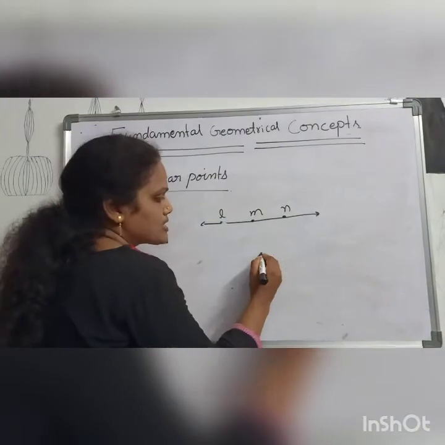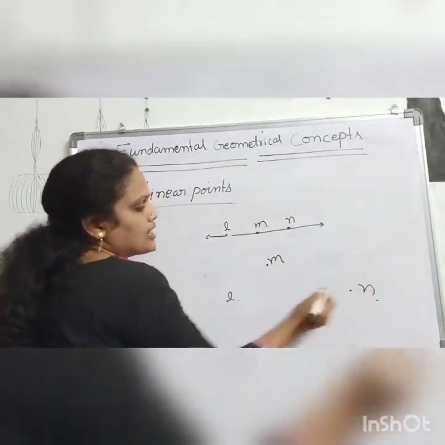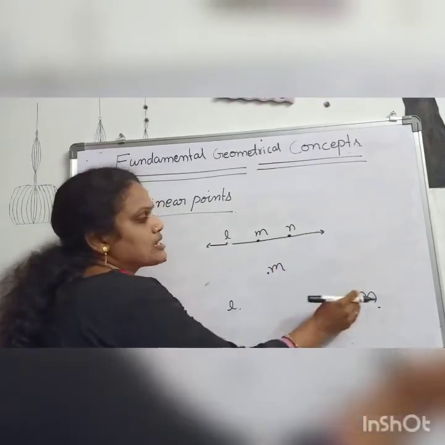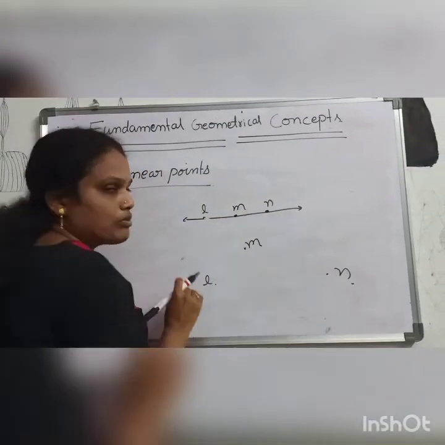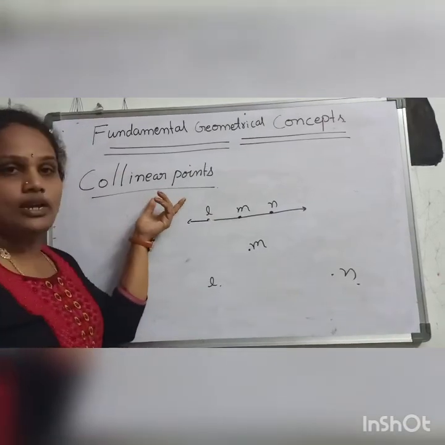If the points are like this in a plane and they are not on a straight line, then these points are not called collinear points. They should lie on one straight line. So these points are called collinear points.